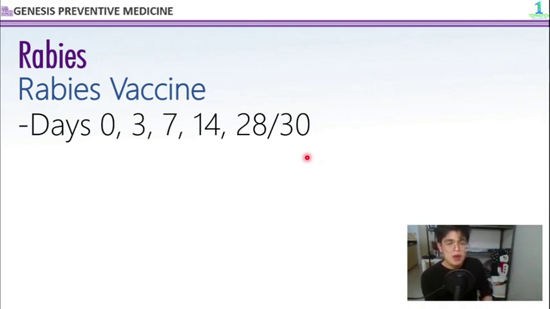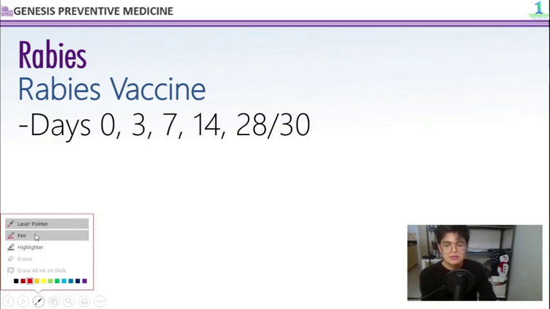The most commonly taught regimen is one that involves 5 days. So all 5 of these: 0, 3, 7, 14, and an end-of-the-month dosage. So yeah, it will always vary based on what you're giving the patient.